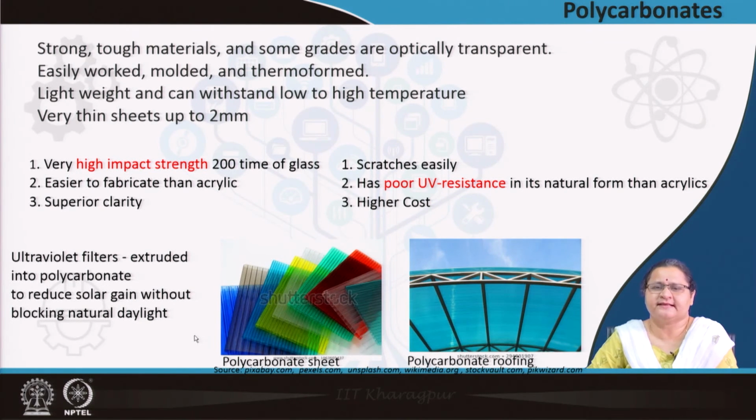It is keeping cycles, it is covering a portion, it is giving a temporary shading to the spectators of a stadium. You can use polycarbonate sheets. It is not a habitable space, but it needs a covering. So, these are examples of outdoor application of plastics.